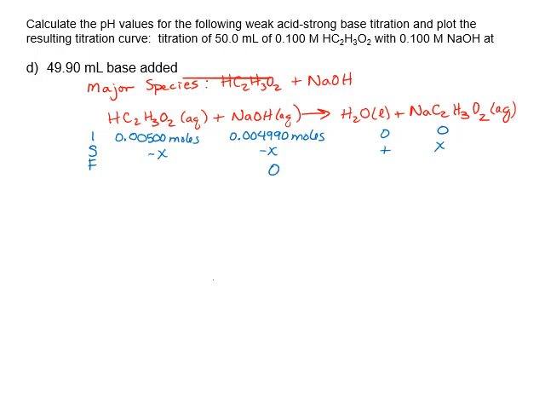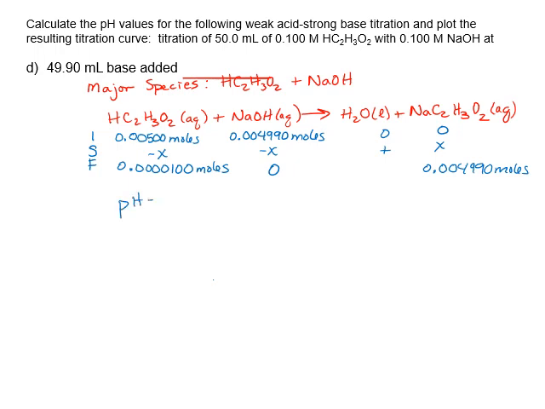That's going to go down to 0. And when we subtract 0.00499 from our initial moles of acetic acid, we get 1 times 10 to the minus 5 moles of acid left over, but we've produced 0.00499 moles of acetate.